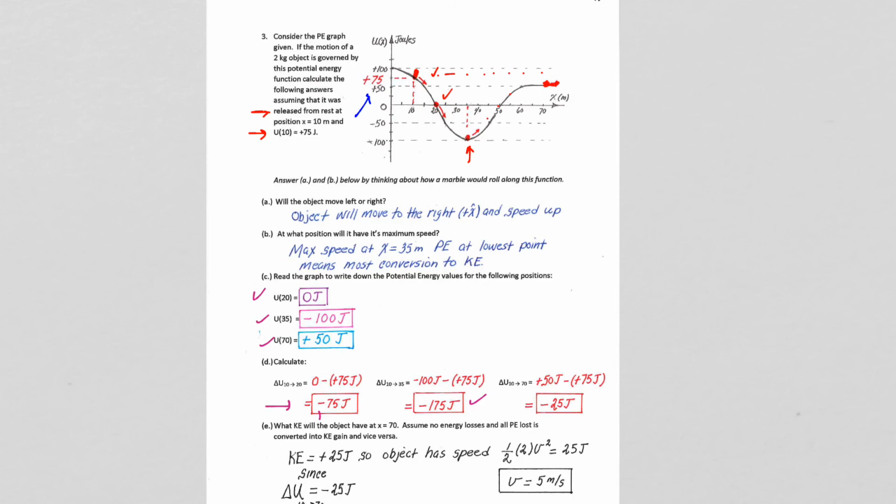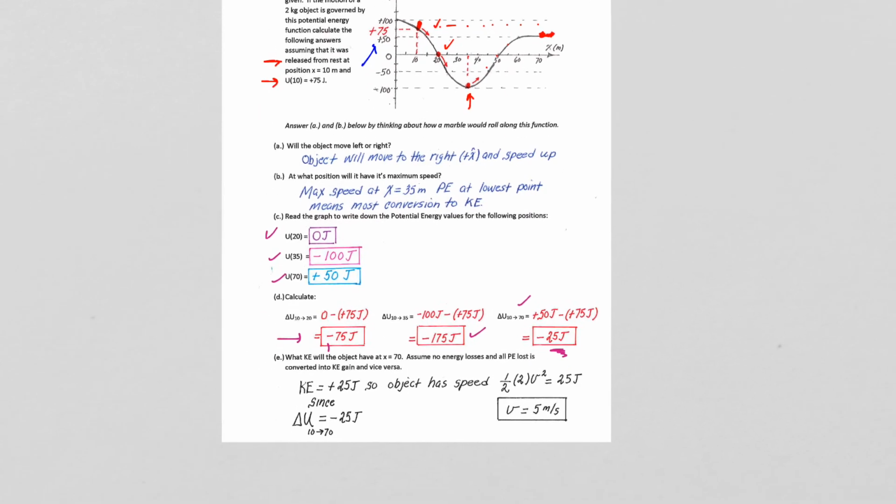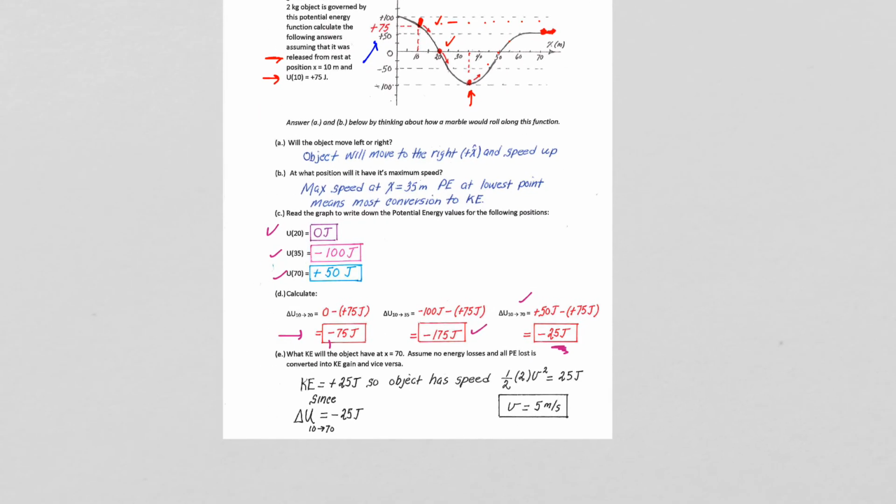And then from 10 to 70, notice the difference between the 75 and the 50 gives us 25 joules lost total. So that tells me the kinetic energy, as it's rolling to the right in its unbounded motion, is 25 joules, and I can calculate the speed that it has when it reaches position 70 out here.